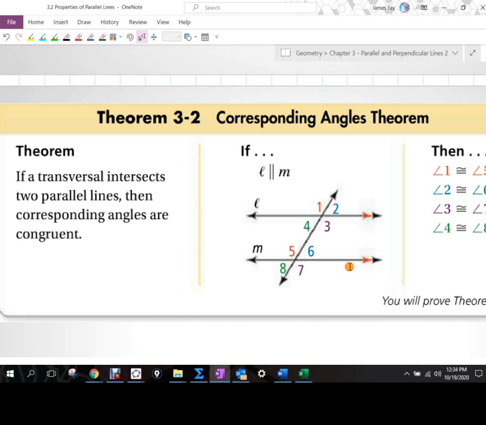If the lines are parallel, all of them are congruent, except same side interior, which are supplementary, right? That make sense? So if I can remember that alliteration, it tells me which set's not congruent, and then the other three sets are congruent. Okay?